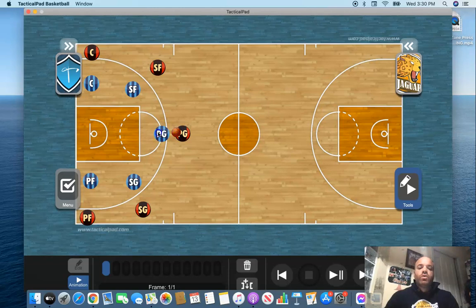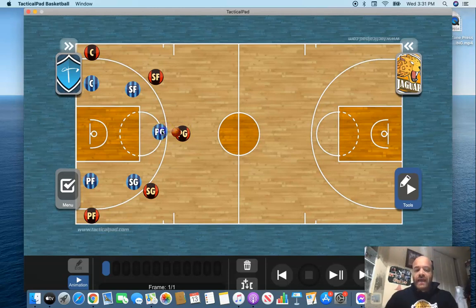Your defender can be one pass away from the ball, meaning one rotational spot away from top to wing, or top to elbow, or top to free throw line, or top to the other elbow. Or your check, your matchup can be two passes away, meaning it takes two spots to get to your matchup. Those are positions where your matchup can be, and those will tell you what technique you need to play.